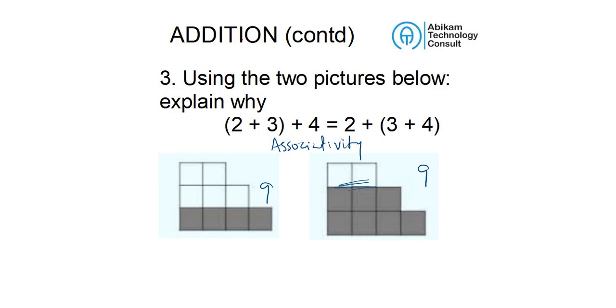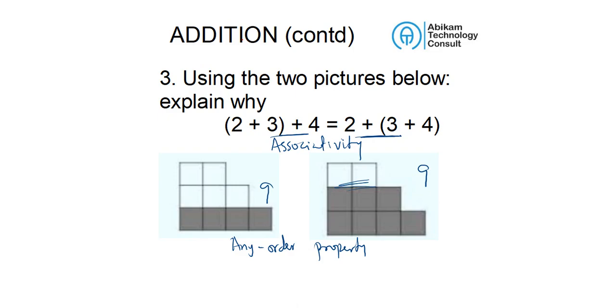We are adding the first two here, and the second one, we are adding the last two. So we have changed the order in which we perform the operation. So the two concepts, commutativity property and associativity property, bring about what we call any other property. So let's see how we can apply any other property.